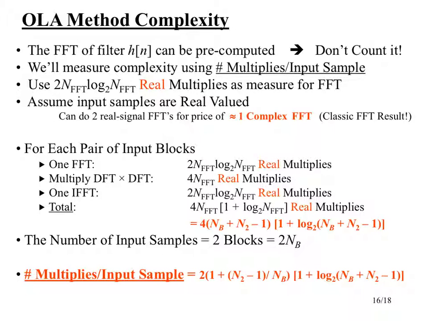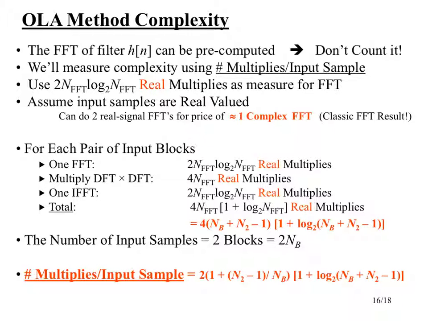Typically, the number of multiplies will give you a good feeling for how one algorithm compares to another. To be a little more precise and complete, we really should look at the number of multiplies per input sample and the number of additions per input sample, and then look to see how much time it takes to do each multiply and each addition.